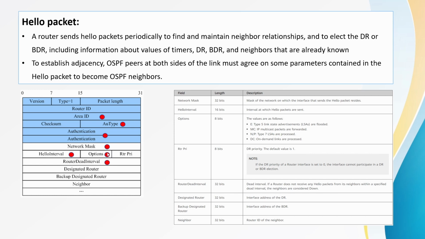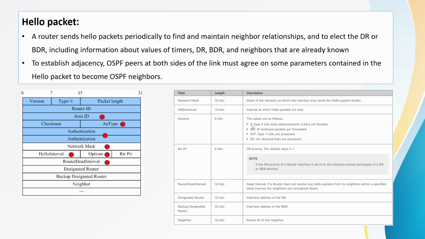The parameters in the options also have to be agreed. For instance, you see here the options have the E-bit. The E-bit means type 5 link state advertisements are flooded. If the E-bit is on, that means this router's area accepts type 5 link state advertisements, which means this area is a standard area.